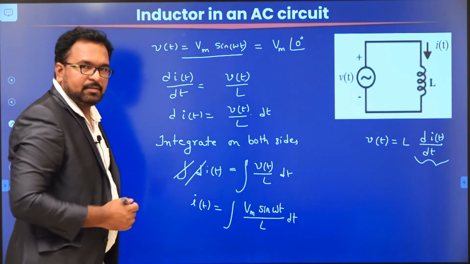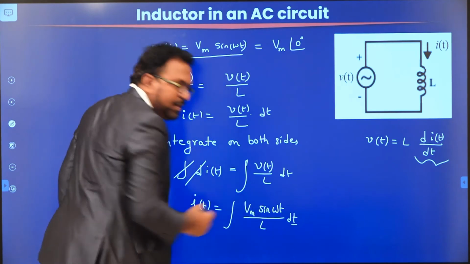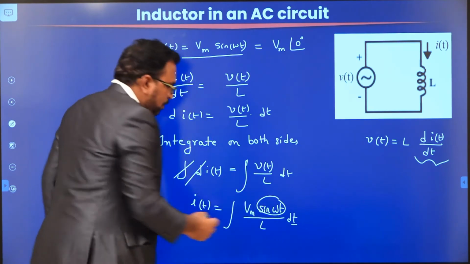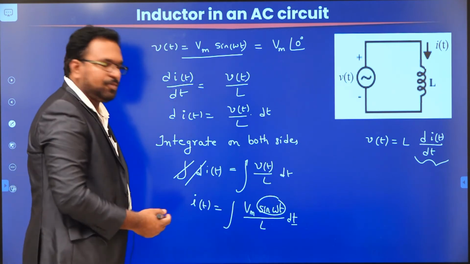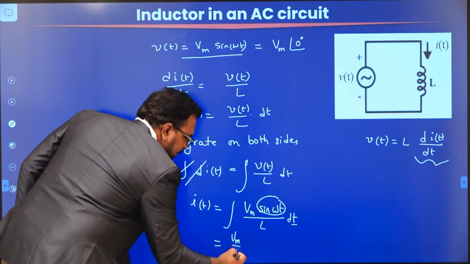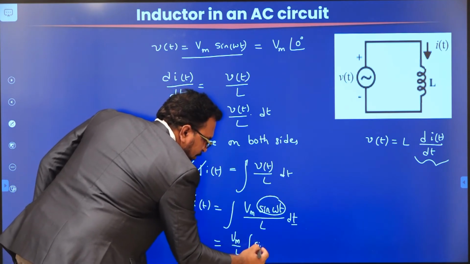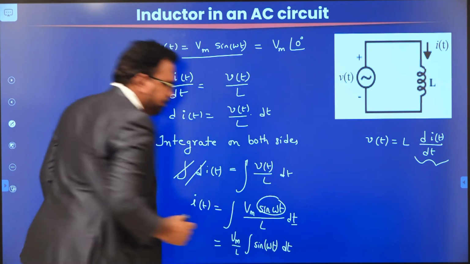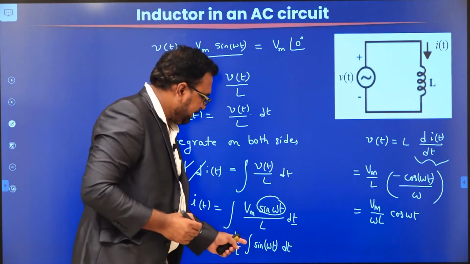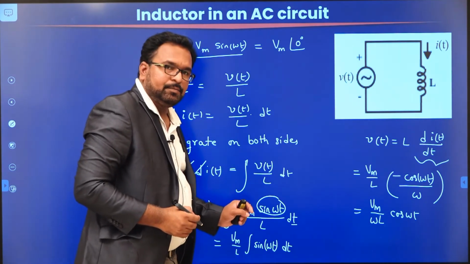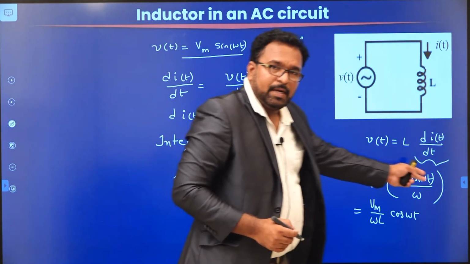In this expression, what is the variable? t is the variable, so only sin omega t is the variable quantity. What about Vm and L? These two are constants, so take them out of the integral. That is equal to Vm by L integral of sin omega t dt. When you integrate sin omega t, the answer is minus cos omega t.